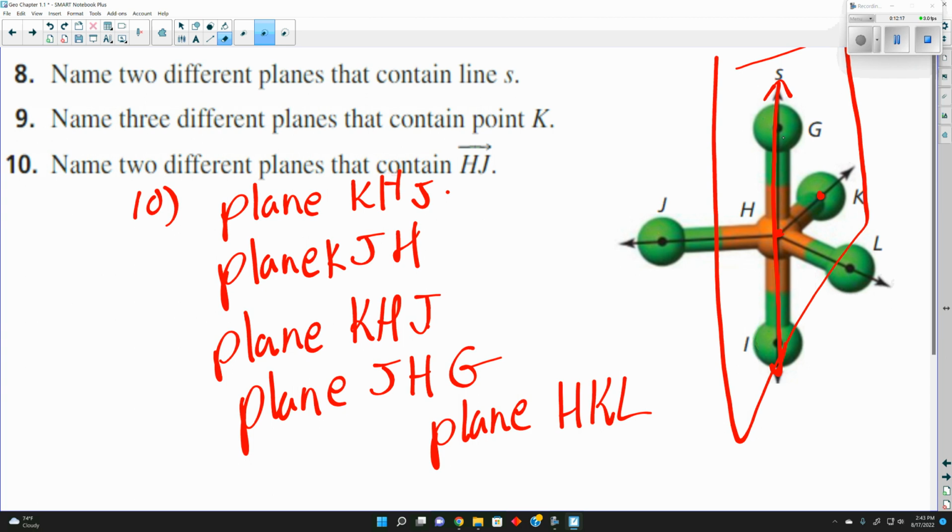Essentially, those are the letters that are in it, and it extends out from it in all directions. Does that make more sense? Yeah. Okay, again, if you have questions, please ask. Any other questions on this here? Or does that make more sense with pretty much all the stuff we did? It's all doing the same thing. We're just making sure that the first one contained line S, this one contained point K, and this one contained ray HJ.